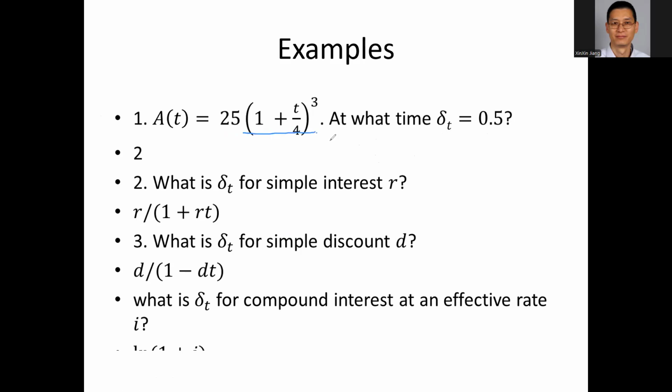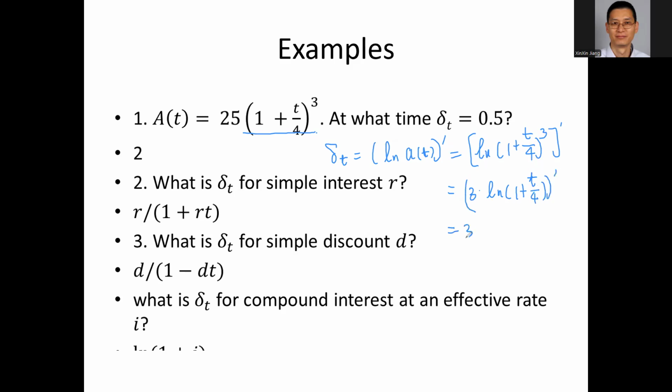So you take a log of that. δ_t equals the derivative of the log of a(t), so the log of (1 + t/4)^3, and then I take the derivative. That equals 3 times log of (1 + t/4), and then take a derivative.